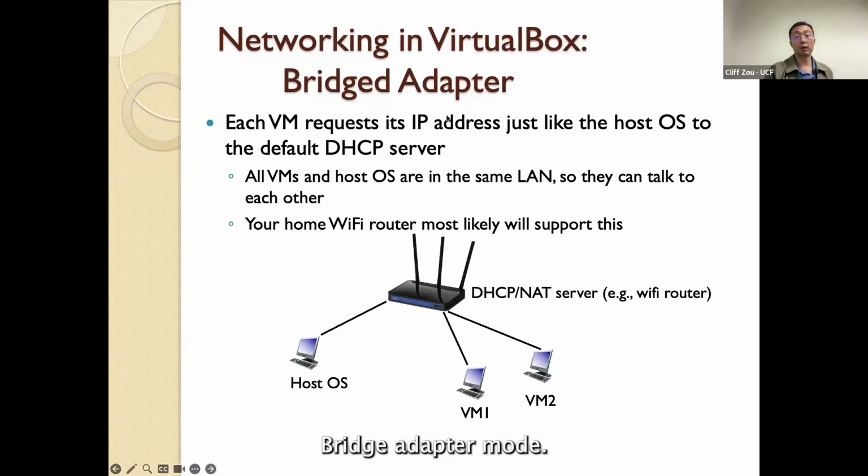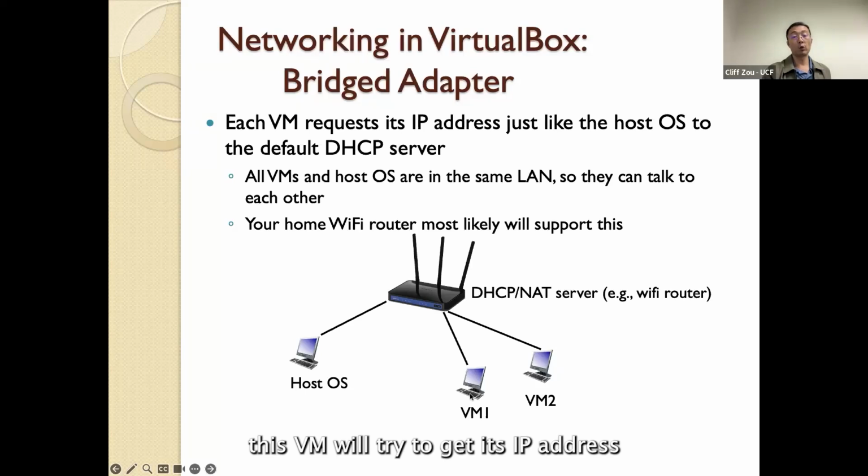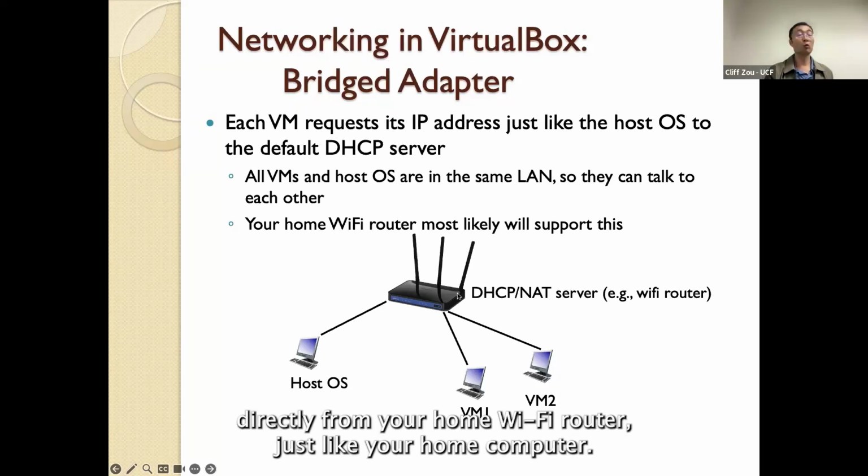Bridge adapter mode, however, means that once you run a new VM, if you set this VM to bridge adapter mode, this VM will try to get its IP address directly from your home Wi-Fi router, just like your home computer.